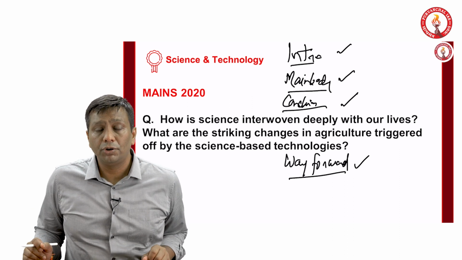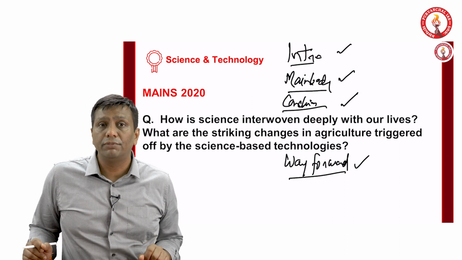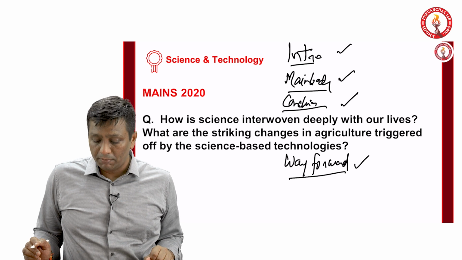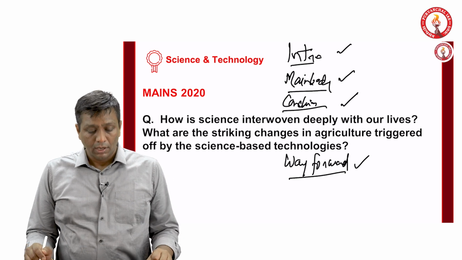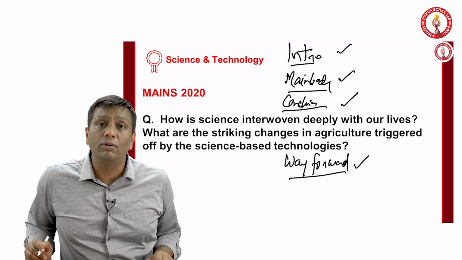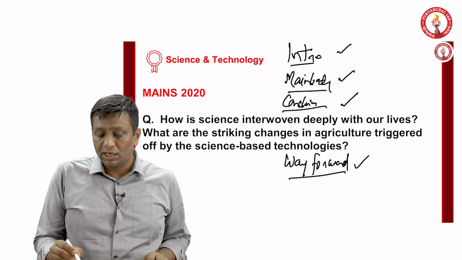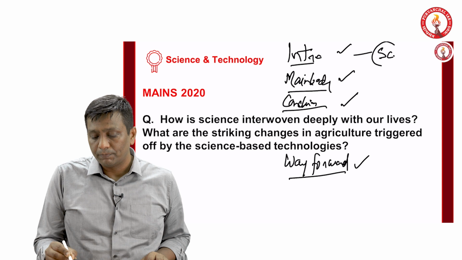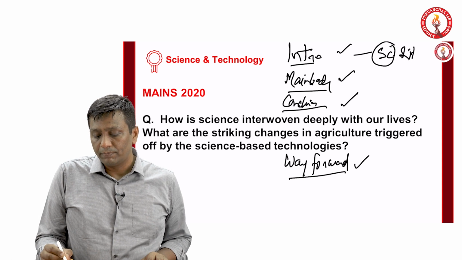In the introduction, you must introduce the topic. Just like in this question: how science is interwoven deeply with our lives, and what are the striking changes in agriculture triggered off by science-based technologies. In the introduction, I'll tell you, you can write what science is and its importance. This question is a direct question, and here you don't have any specific keywords. So you can write science and its importance as general information: science is a natural phenomenon, and when we apply it to human activities and try to provide various benefits to humans through technology, science enters different corners of human life, and agriculture is also one of them.